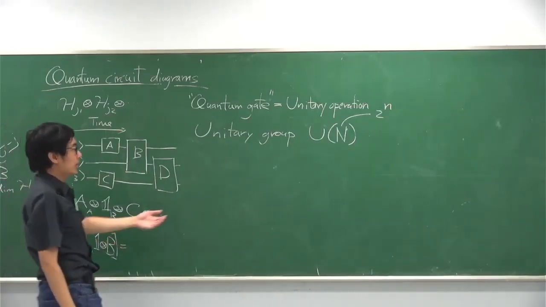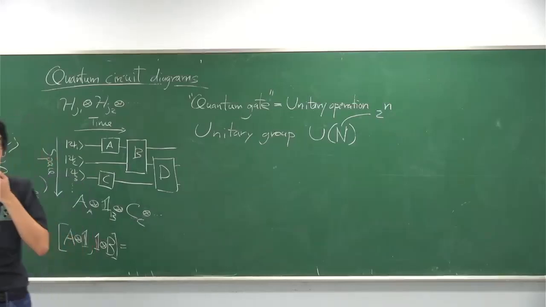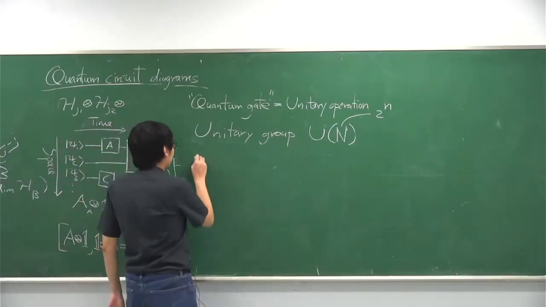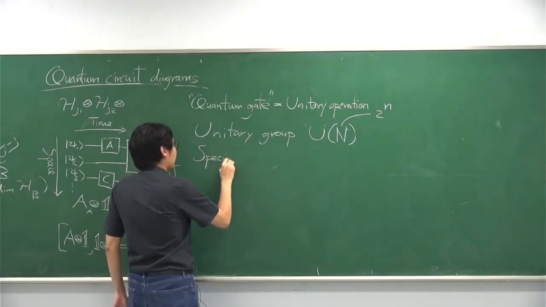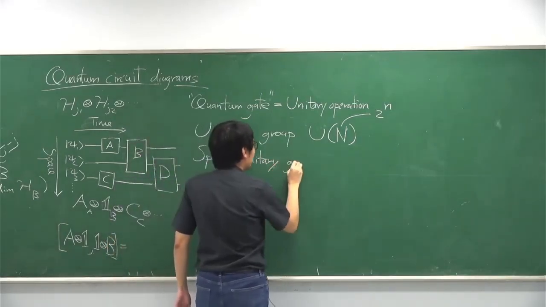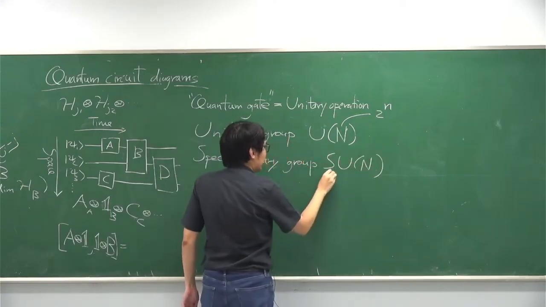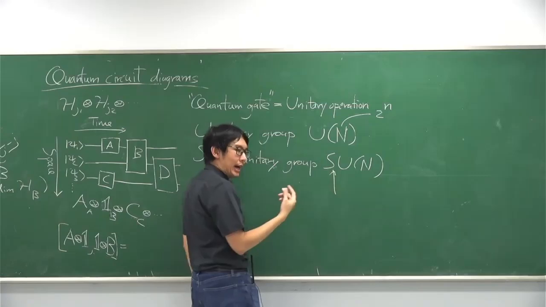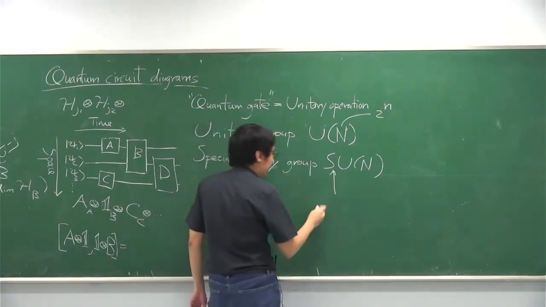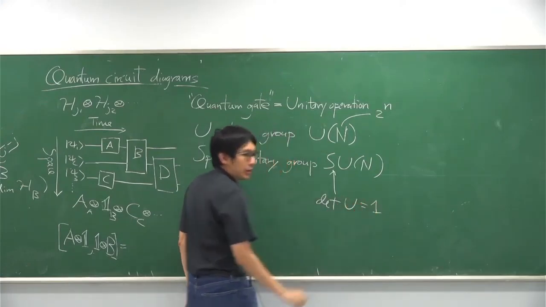These are all possible unitary matrices or unitary operators that act on a Hilbert space of dimension n. But sometimes people will talk about the special unitary group, SU(N), and this S that you can find in other places as well, like the special orthogonal group, is the condition that the determinant of this matrix is 1.